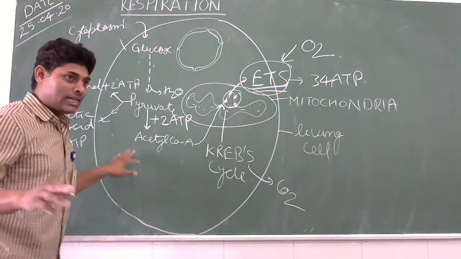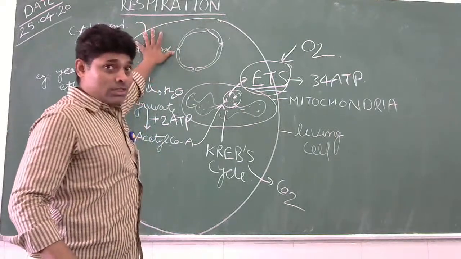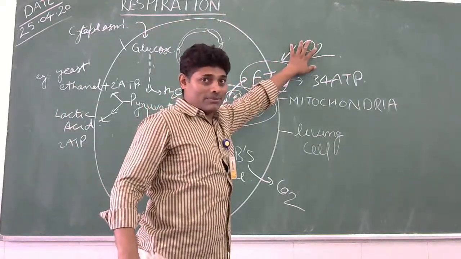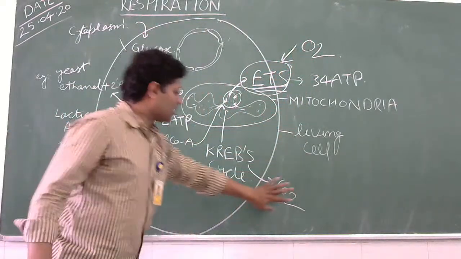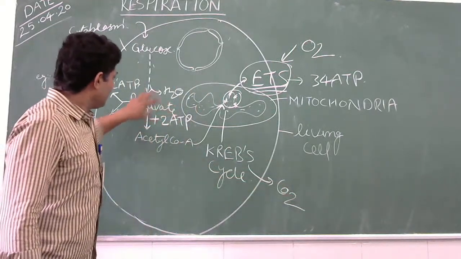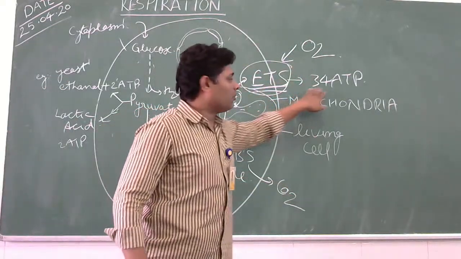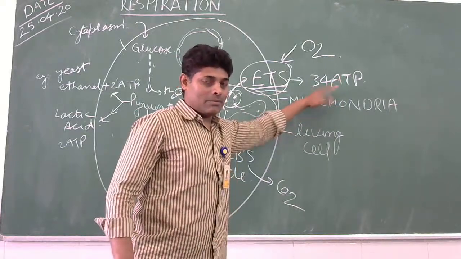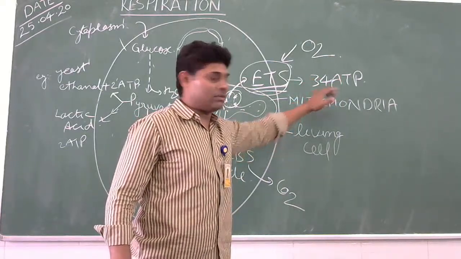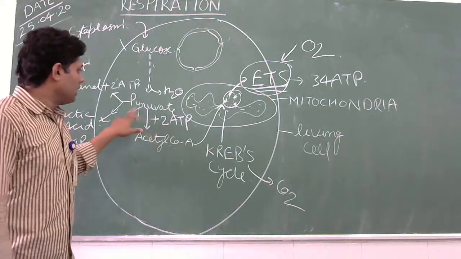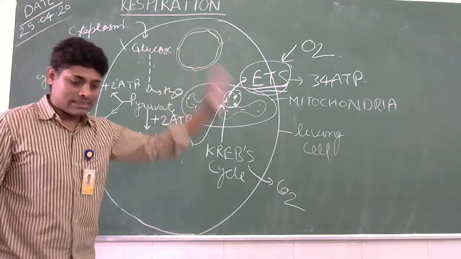So overall this is the reaction: glucose plus oxygen makes CO2 plus H2O, and 34 ATP by the help of the electron transport system and Krebs cycle, and 2 ATP from pyruvate, total 36 ATP.